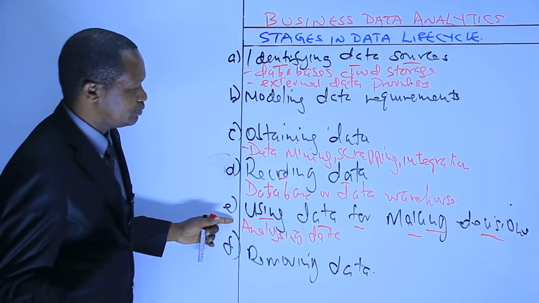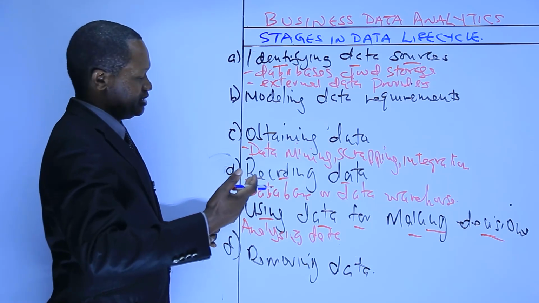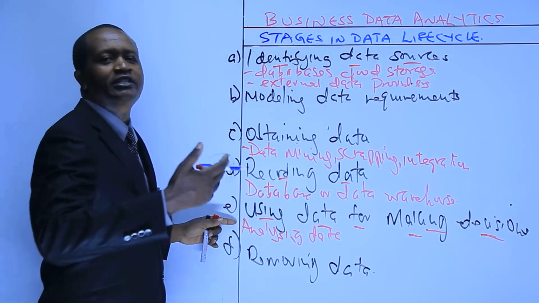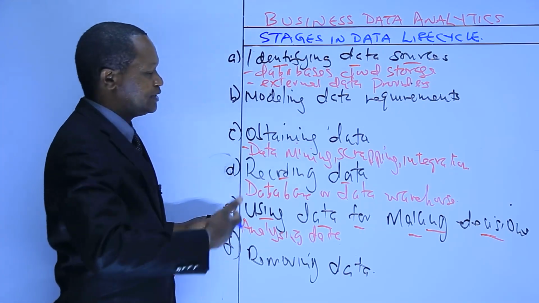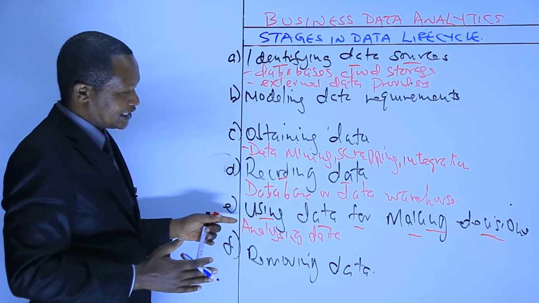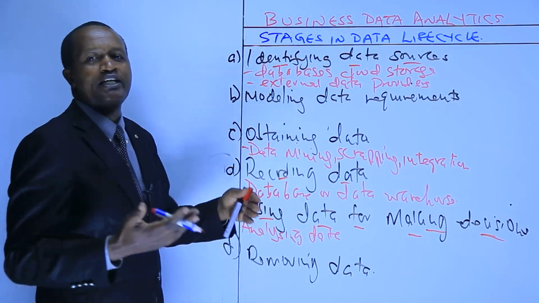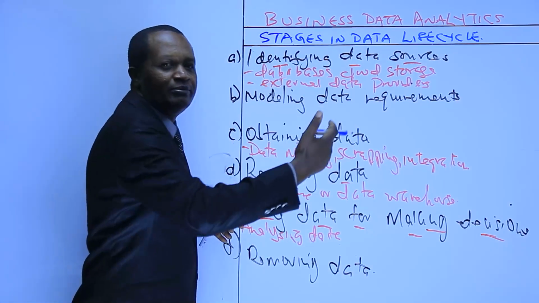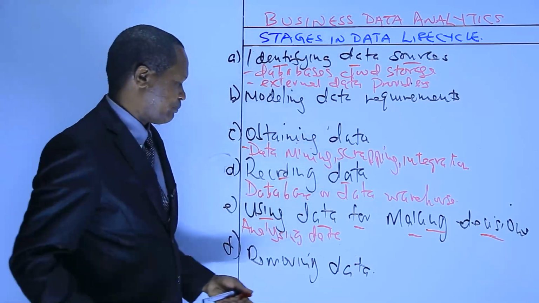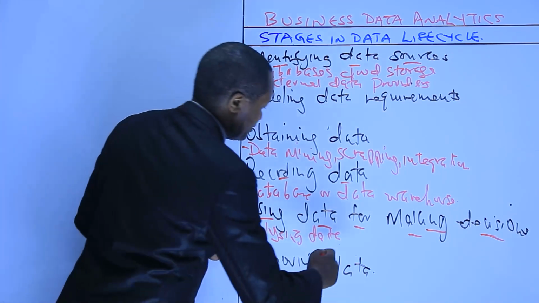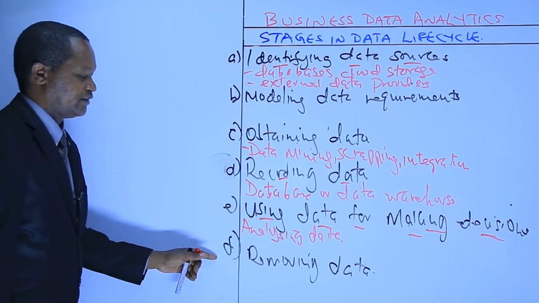The decisions could be in relation to the operations, in relation to the processes, or in relation to identifying trends as analyzed from the data. It could be extracting meaningful insights, predicting outcomes, optimizing operations and so on. So that is step number 5.